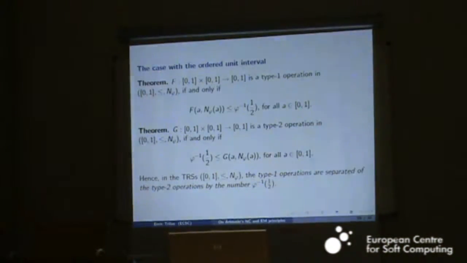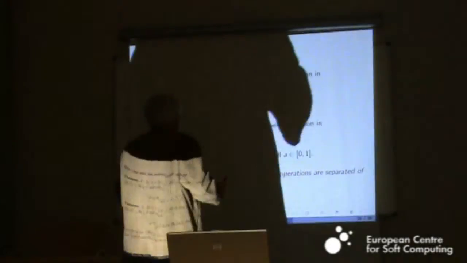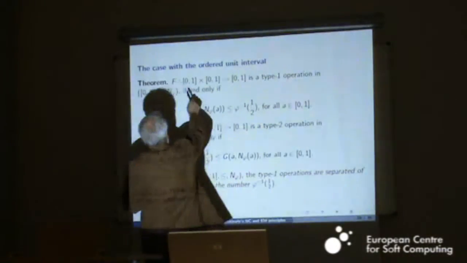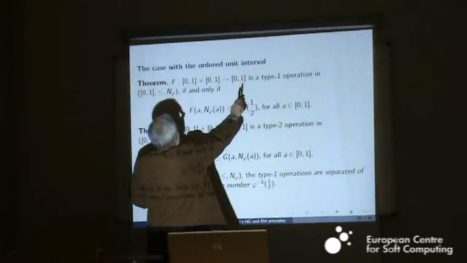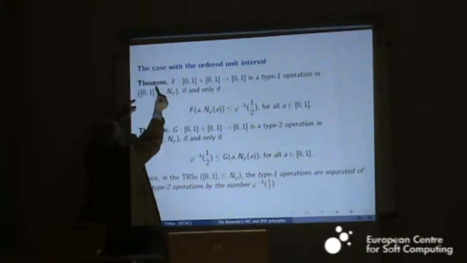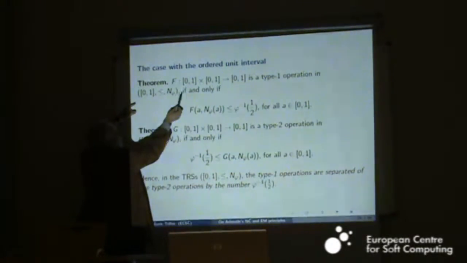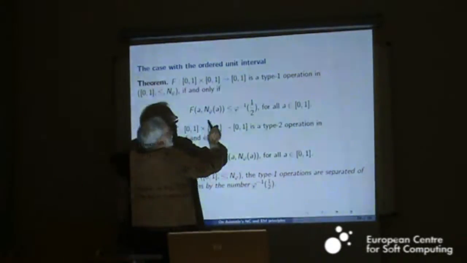The case with the ordered unit interval is curious because we can characterize type 1 and type 2 operations. It's not difficult. Look, imagine that F is an operation. This operation is type 1, taking a strong negation, if and only if it verifies this.